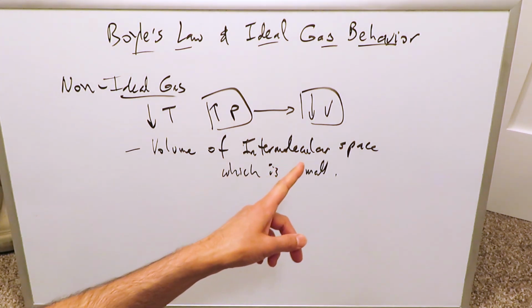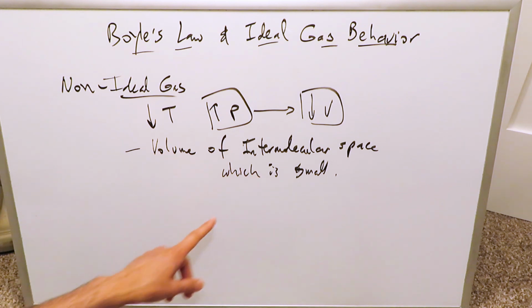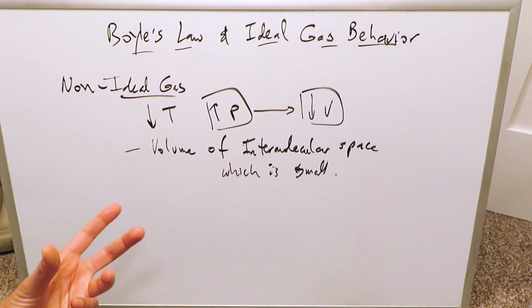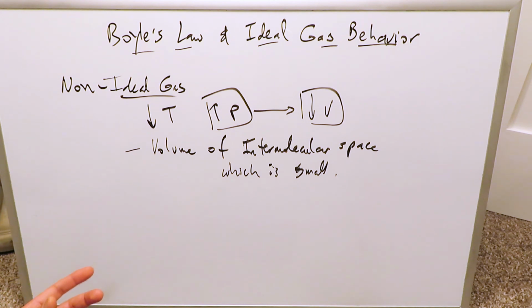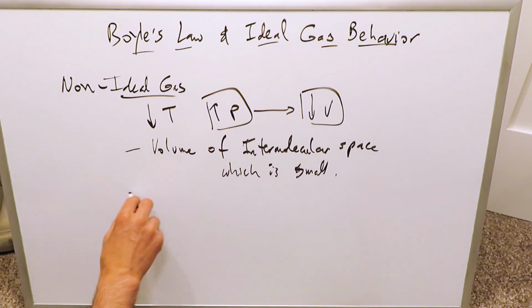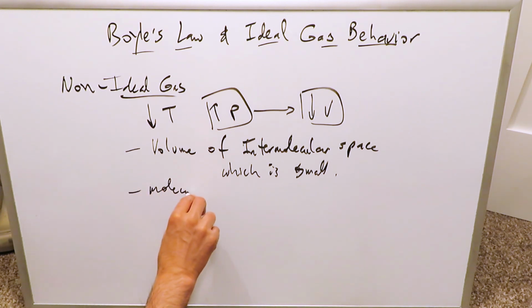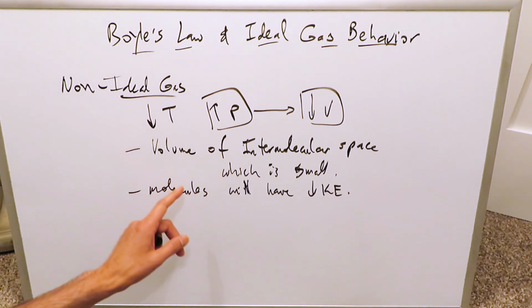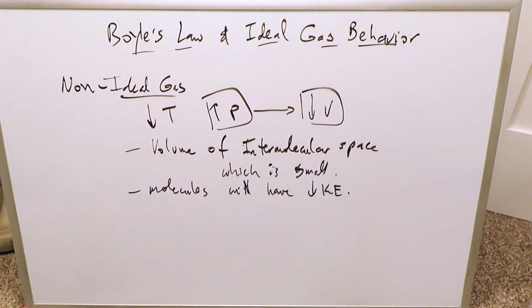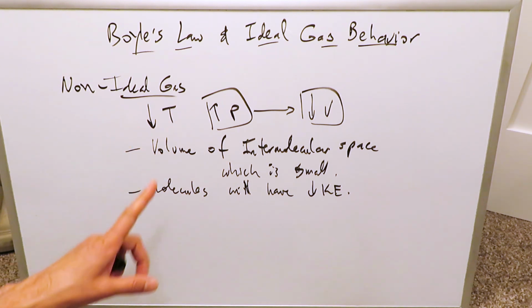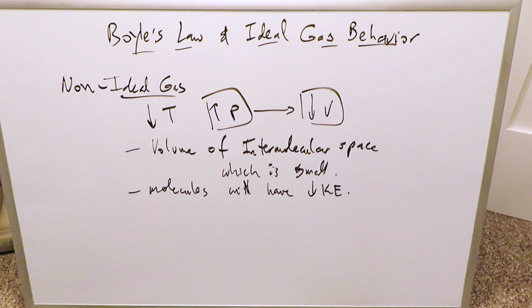As a result of this low volume, you will see that the volume of intermolecular space is small. That is, the gas particles which exist in that system, there's less space, less freedom of movement between those gas particles. But because of this low temperature, the molecules will have less kinetic energy. If you're decreasing the temperature, you're obviously going to have less kinetic energy. Each of the gas particles will move around less frequently.